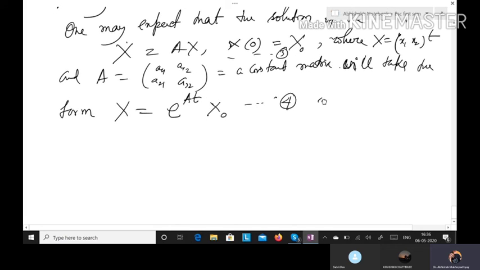Now what is the meaning of this expression?